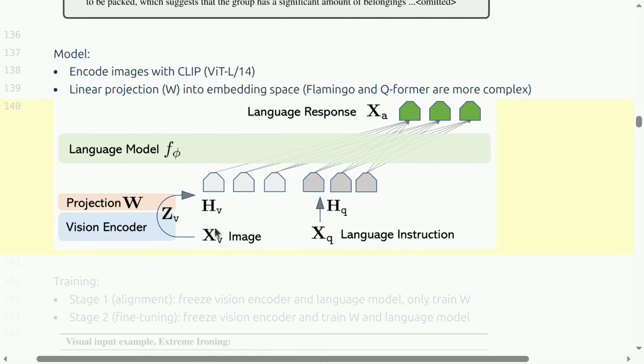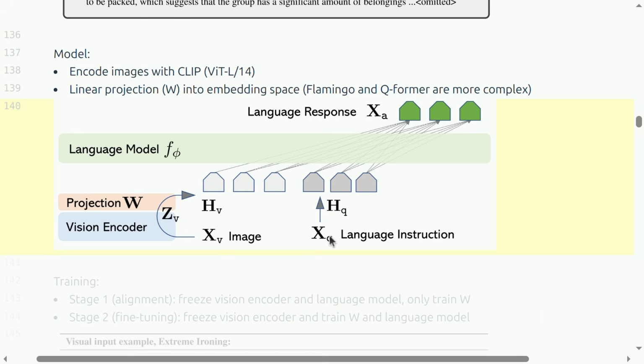They take images, send them through this vision encoder, CLIP, that gives you a vector. But this vector isn't really in the same space, so to speak, as the text. So then they multiply by a matrix W to get another vector, which is in the same space as the text embeddings. And for text, you basically just use your standard embeddings to get vectors.